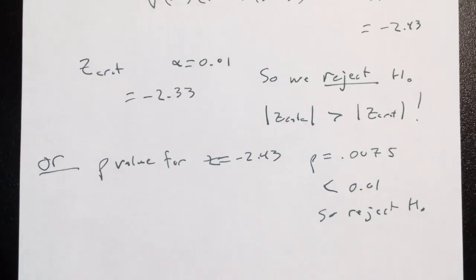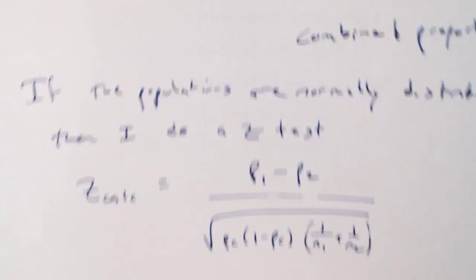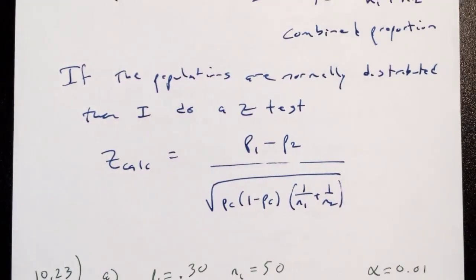I made an assumption. Before I did this problem, I wrote right here, if the populations are normally distributed, I can do a z-test. I'm doing proportions. How do I check for normal?